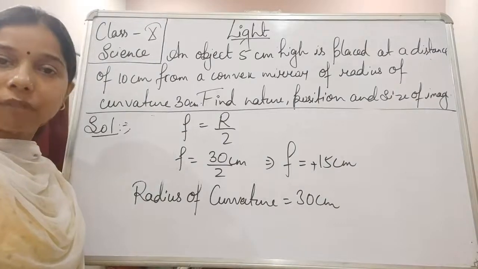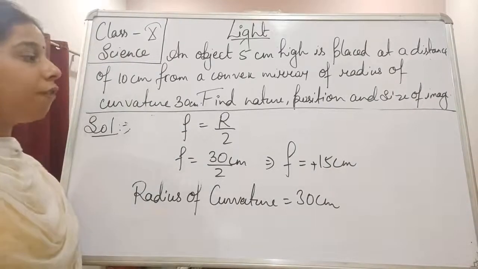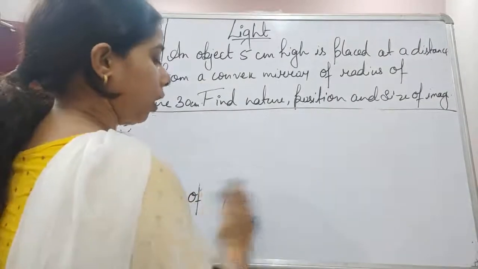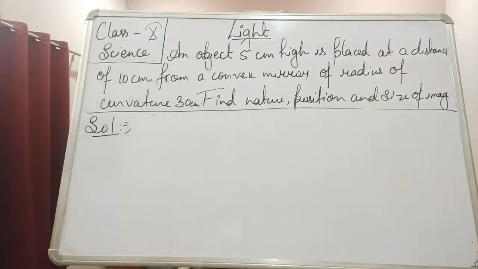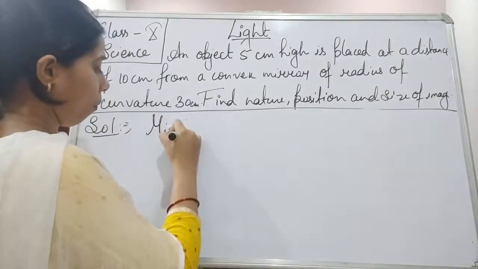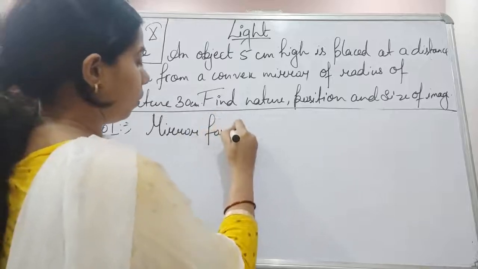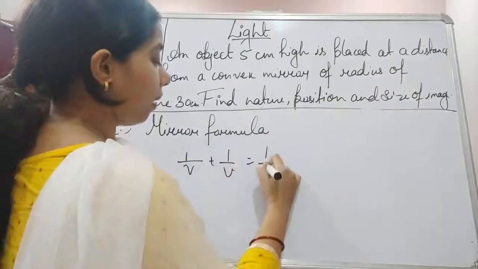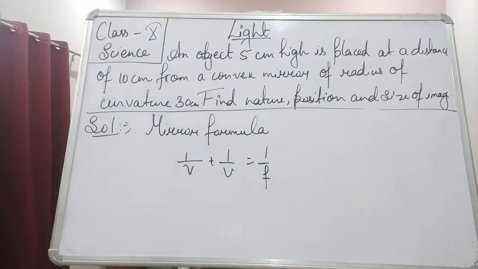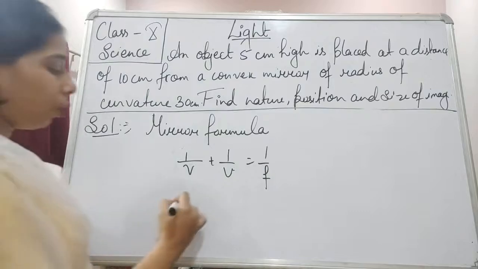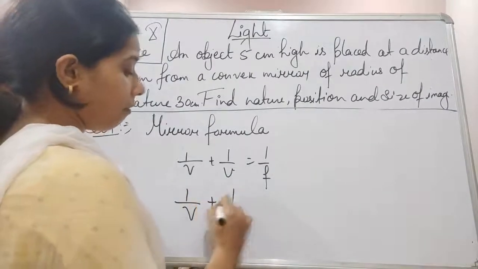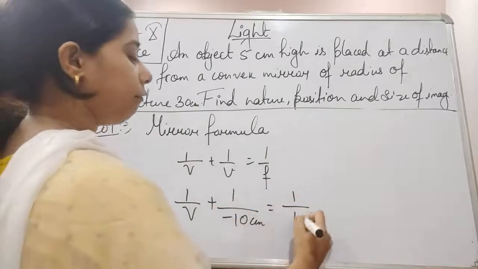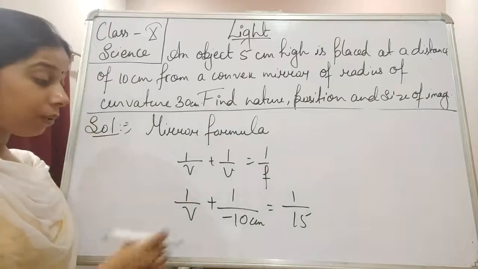Now we have the value of the object distance as well as the focal length. Now it is easy to find the value of the image distance, students, using the mirror formula: 1 by v plus 1 by u is equal to 1 by f. Now putting in the values, 1 by v, which we have to find, plus 1 by minus 10 is equal to 1 by 15.